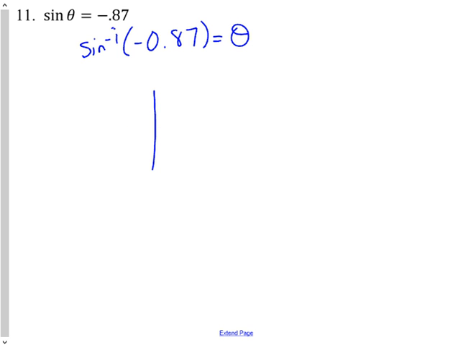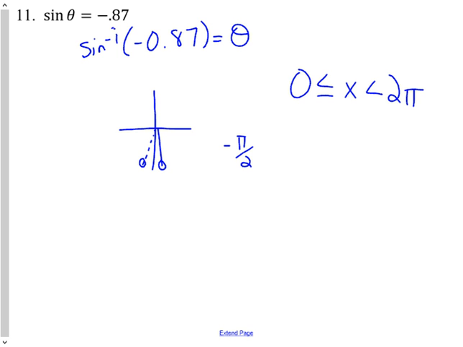Now, it is going to give us an answer somewhere over here in the values, probably close to negative pi half. Negative pi half is not between 0 and 2 pi. Okay? So, A, we've got to be a little smart here. There's more than one answer. There's going to be a quadrant 3 and a quadrant 4 answer.